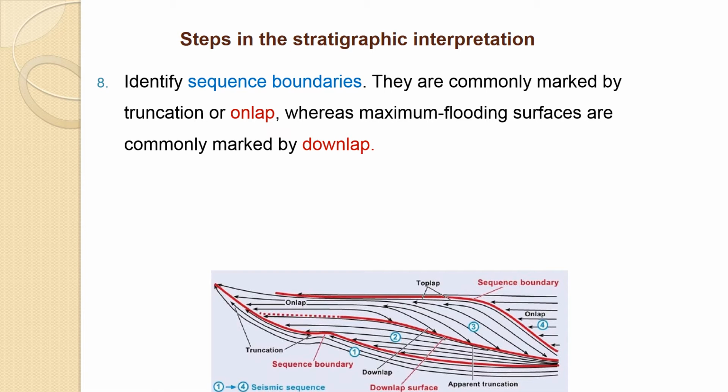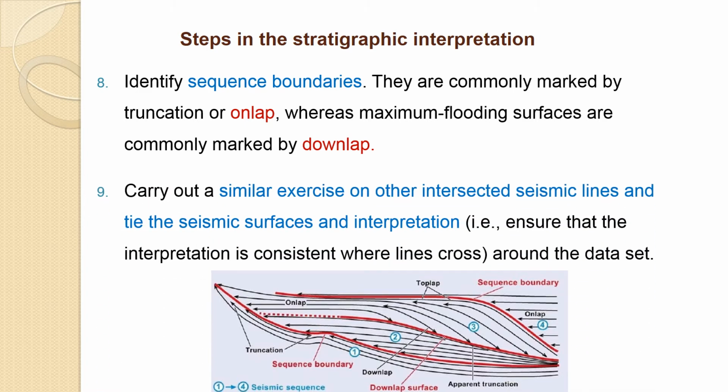This will be repeated, and we need to link together the seismic surfaces and interpretation. So we have to ensure that the interpretation is consistent where lines cross. Where the lines cross each other, we have to have those surfaces consistent for the same event.